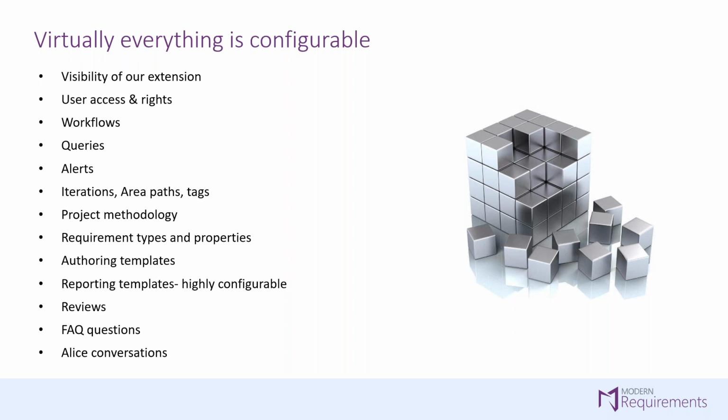And so you need the ability to configure things. So configurability and extensibility are extremely important characteristics of a good system. And as such, with Azure DevOps and Modern Requirements, you have a lot of configurability available. So you can configure pretty much everything in the system.